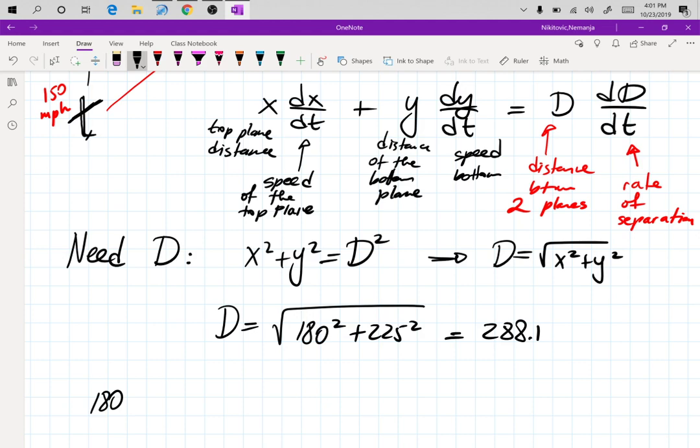You are flying towards the airport, so we are going to have negative 120 over here, plus 225 miles for y, and then negative 150 over here, which is equal to 288.1. Again, lengths are always positive values. And then you're going to have your dD/dt. So we have to put negative values.